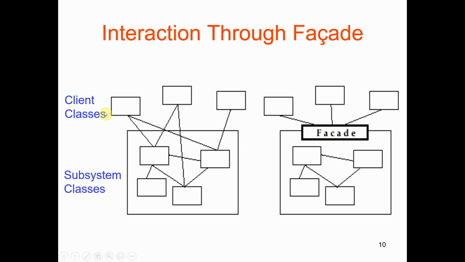In other words, the client must understand how to interact with them, and has to learn the complex classes internally. By introducing a facade, the client code becomes very simple. You just need to interact with one class, and the facade is responsible for forwarding the request to the classes within the package.